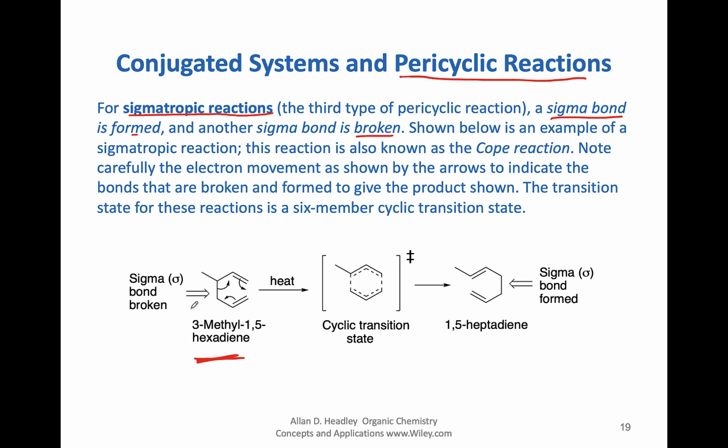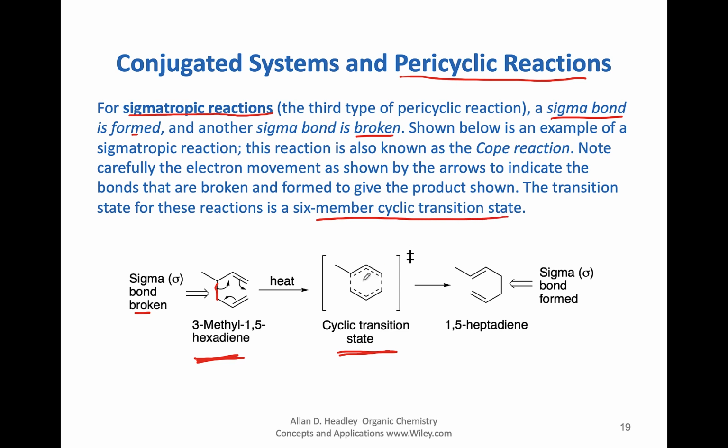So this sigma bond here, let me highlight that, is broken to give the product, and this sigma bond here is formed to give the reactant. As you can imagine, if you're using arrows to show electron movement, the electrons move out, here, and here, to form a 6-membered ring cyclic transition state. Notice again, it's a 6-member ring cyclic transition state shown here.